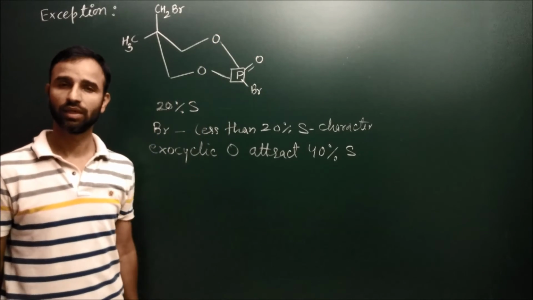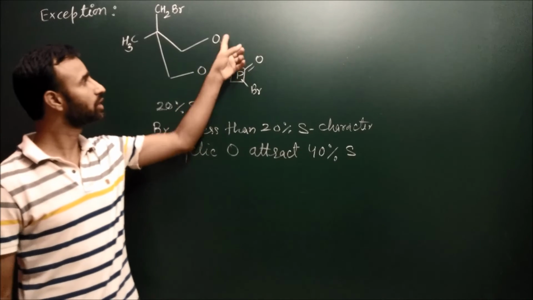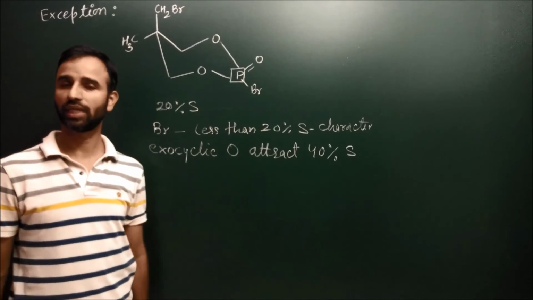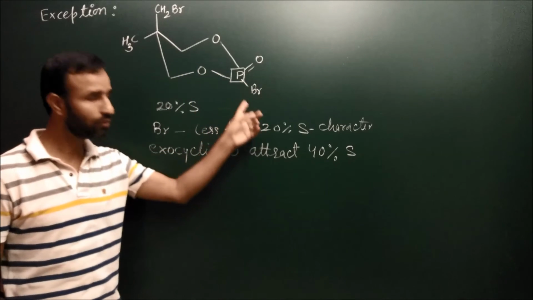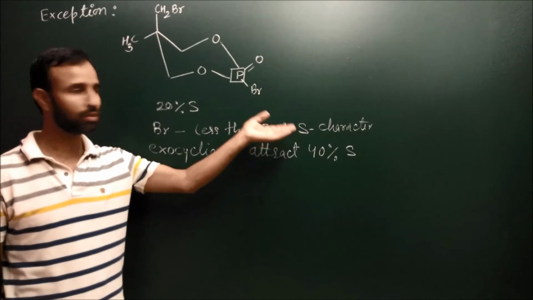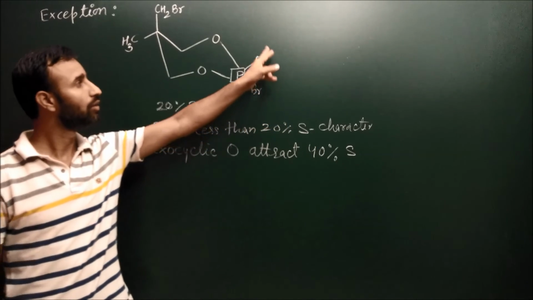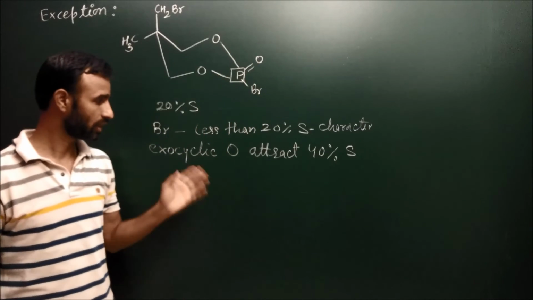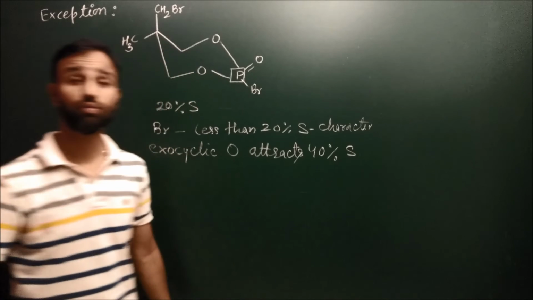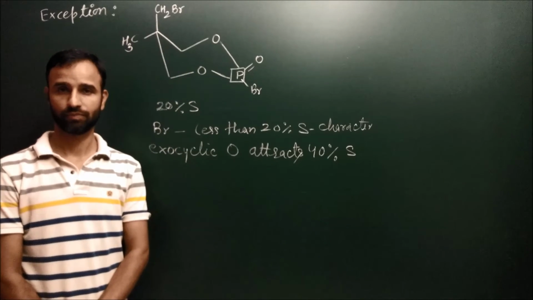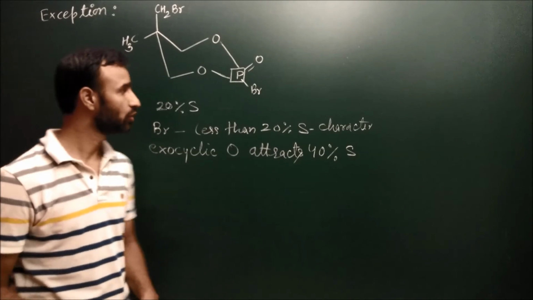All the oxygens have almost the same electronegativity. So why do these oxygens attract only 20% S character of the hybridized orbital? Bromine is even less electronegative but attracts less than 25% S character. But this exocyclic oxygen attracts 40% S character. The reason lies in the overlap.